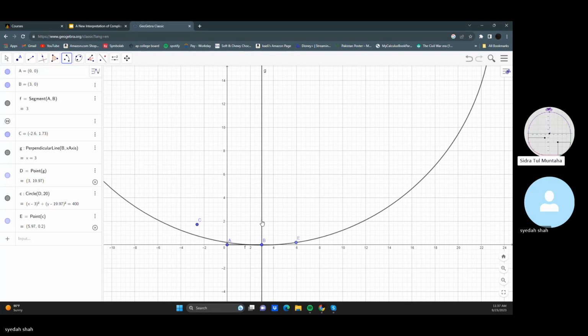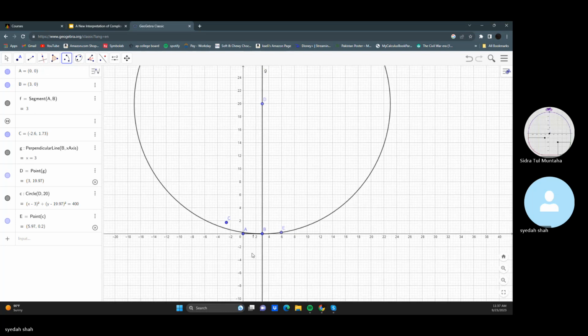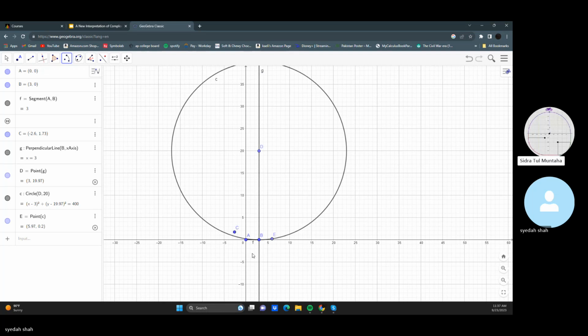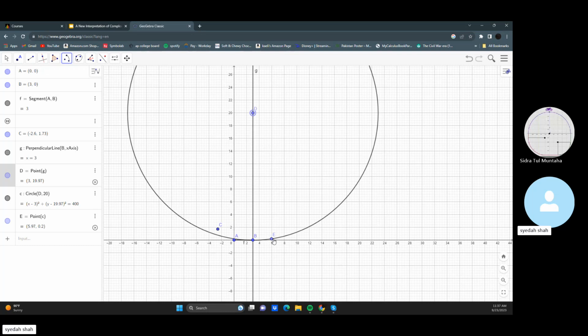Zoom it out. Yes, first click on D, then click on B. Now click on B and go forward, you don't have to go back. Yes, so now you can click on E.